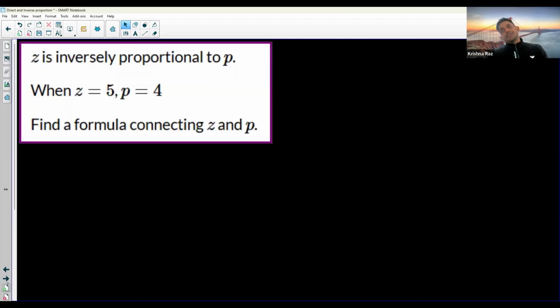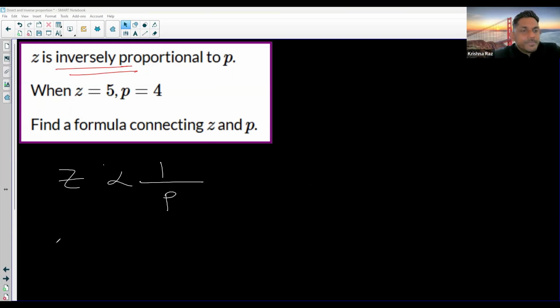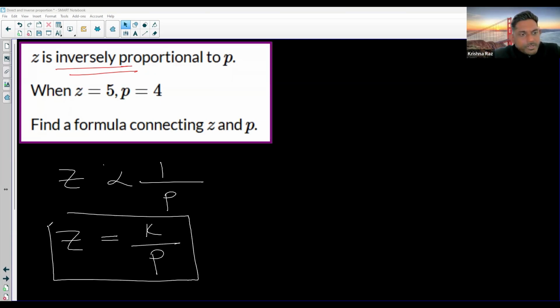So this time, how's this different from the previous two? Exactly. It says inversely. Inversely proportional. So that means this time we've got Z fish 1 over P. So when we get rid of the fish, we get K over P. First part of the question done.